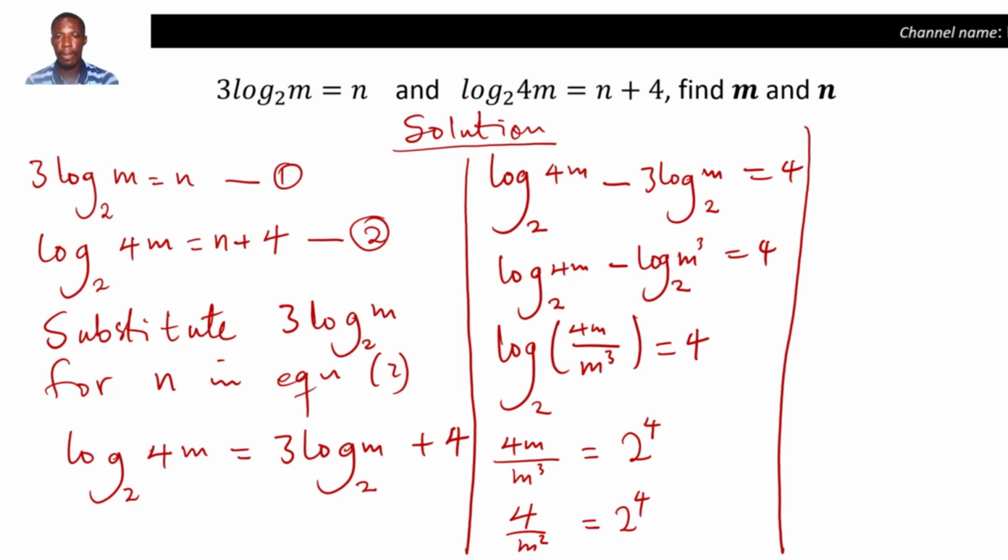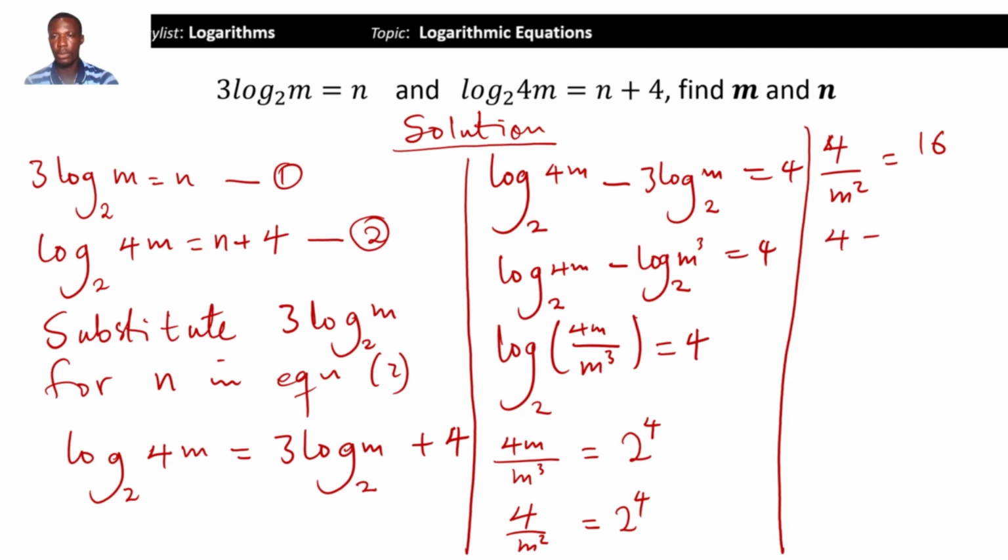And so 4 over m squared is equal to 16. I multiply through by m squared, and that will give me 4 is equal to 16m squared.